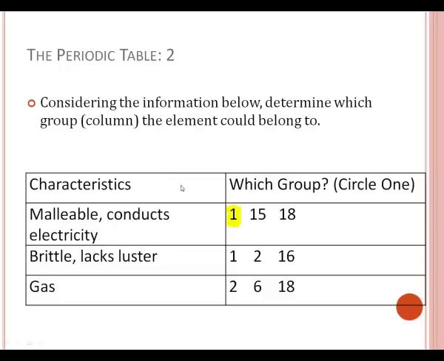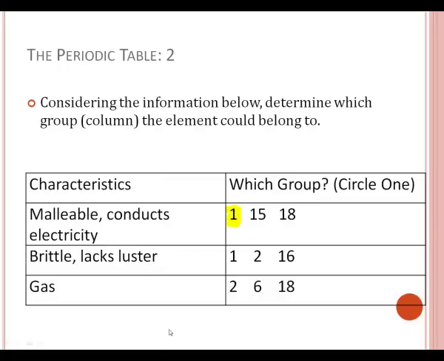We're going to apply the same process to the next one, which tells us that the characteristics are brittle and they lack luster. So we just decided that the first column was metals, so it's probably not going to be 1. The second column, 2, is pretty close to the first column.